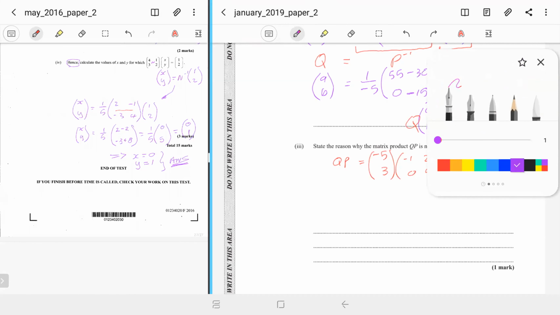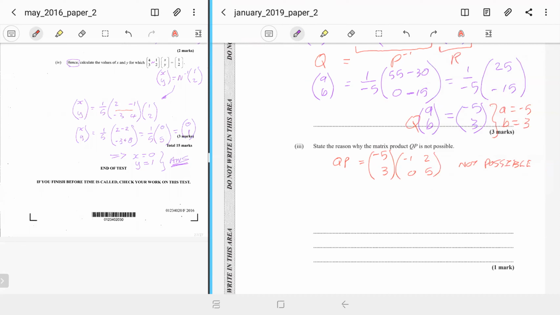See it here? This matrix here is a 2 by 1. And this matrix here is a 2 by 2. For the multiplication to be possible, these two numbers have to be the same. They are not equal. If you put something like that in the exam, you get the marks.